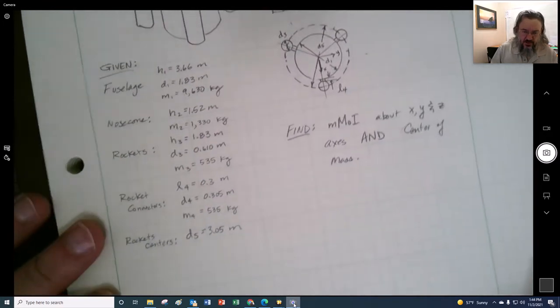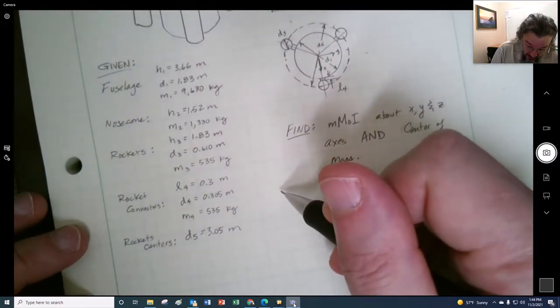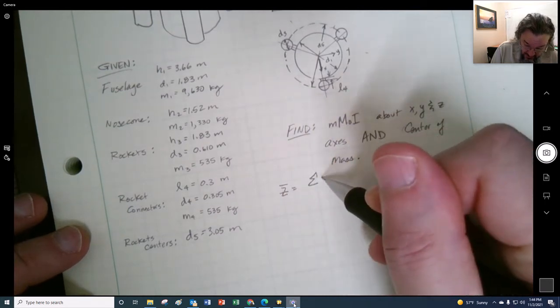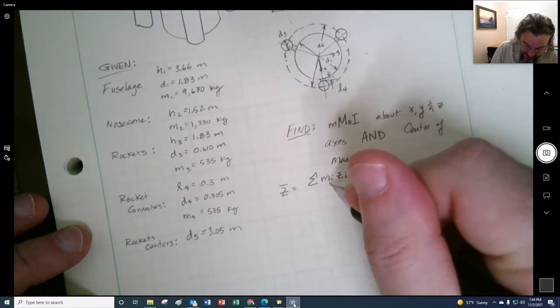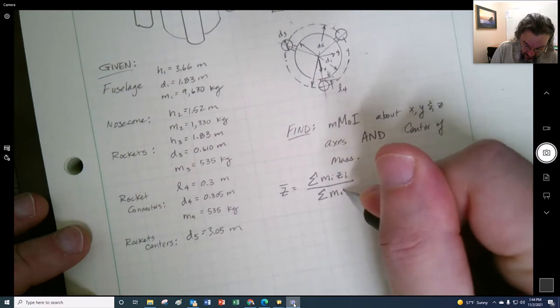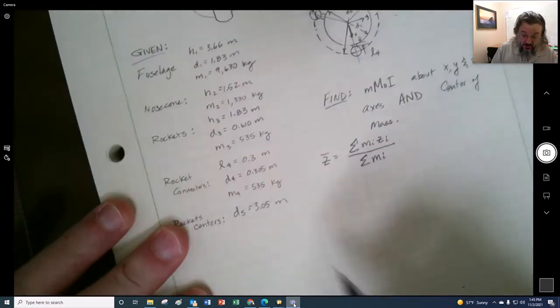Alright, so let's find the vertical center of mass. Z is going to be the summation of all the m_i's times z_i's divided by the summation of all the individual masses. So let's check this out.